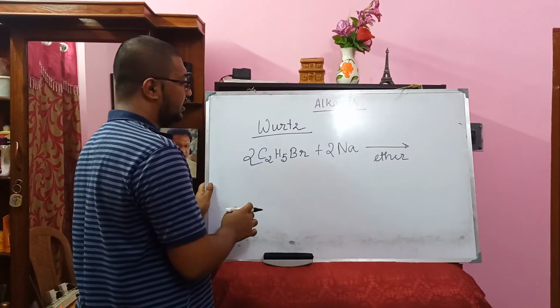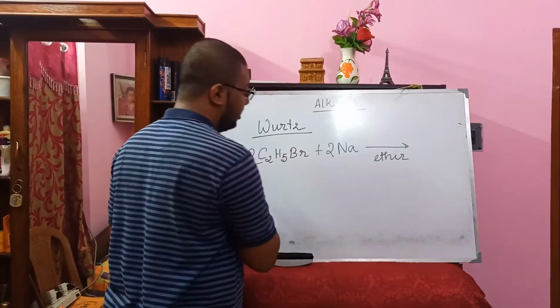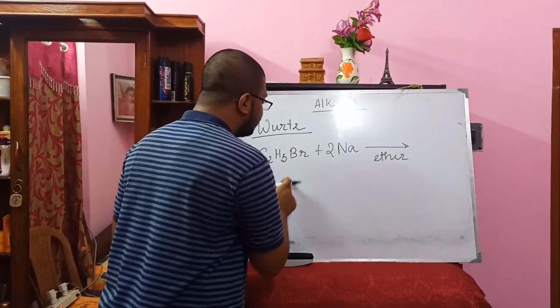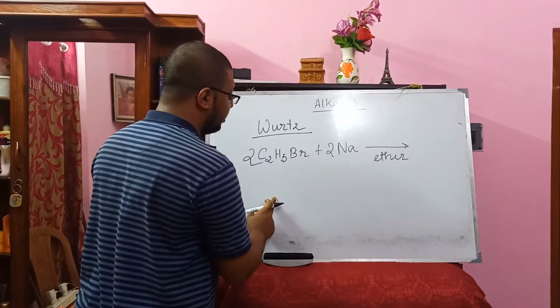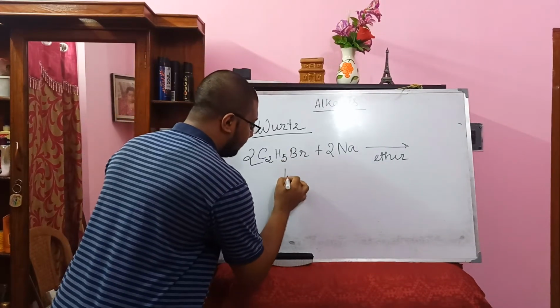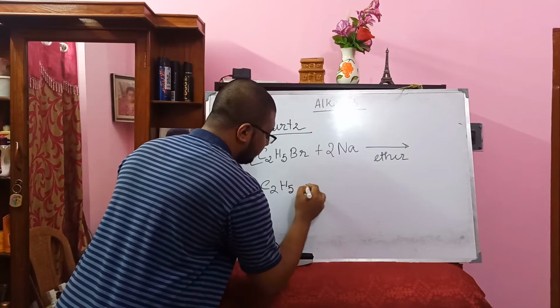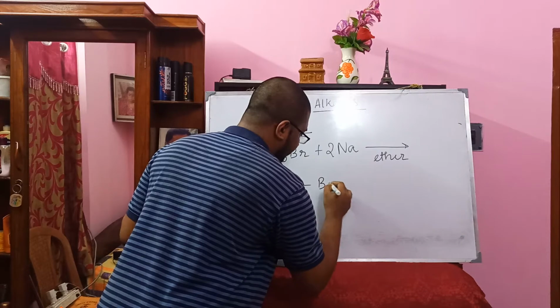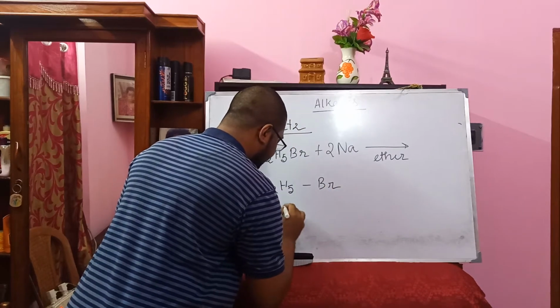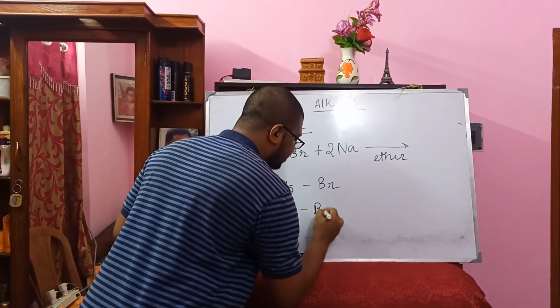Now what will happen is, the bond will be broken here. Try to understand. If the bond is broken here, I am showing you: C2H5, Br, and then this is C2H5, that is Br.